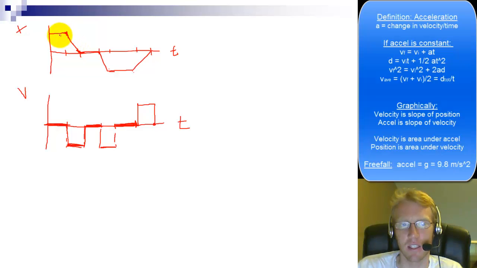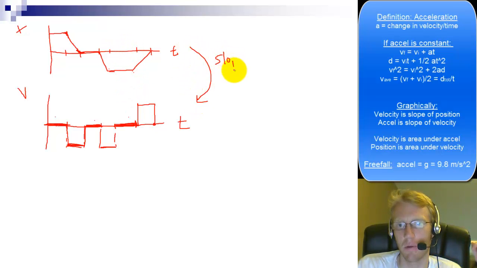So let's see if this makes sense. Anytime that this position here is horizontal, you have 0 velocity, 0, 0, and 0. So the slope of this line is 0. So the slope here is your velocity. The reason is because mathematically, slope is delta y over delta x, and our y-axis here is position.